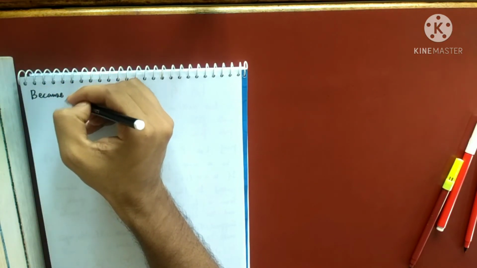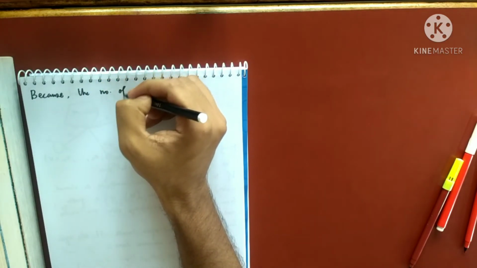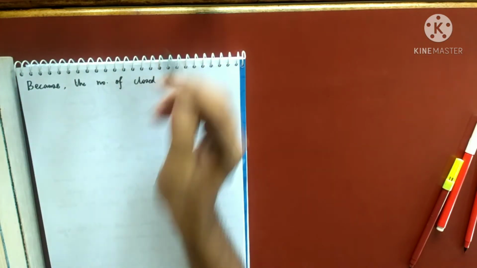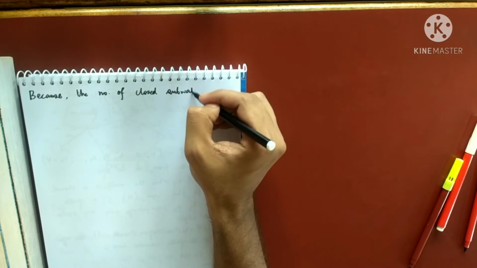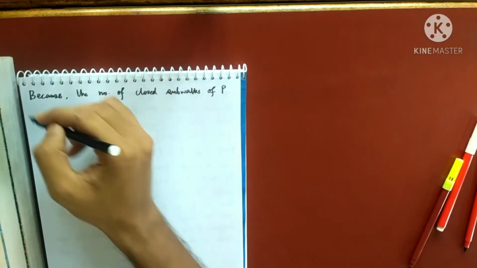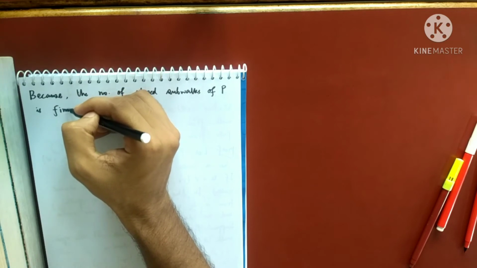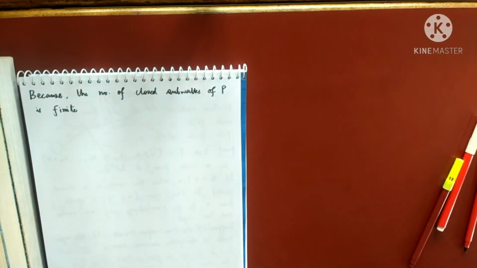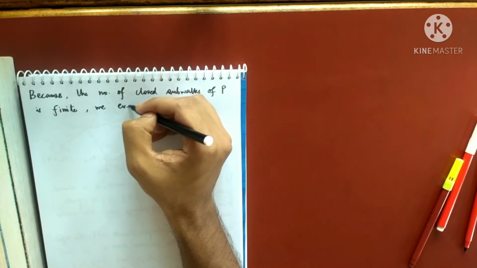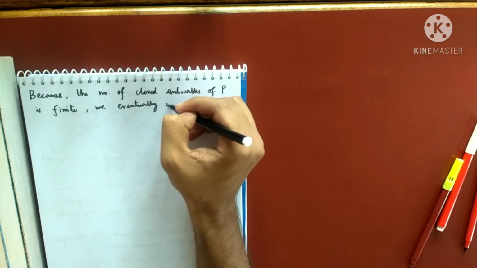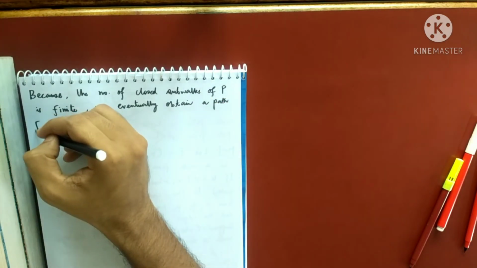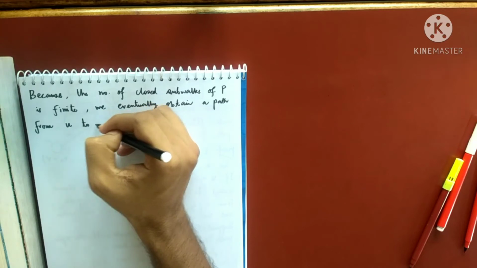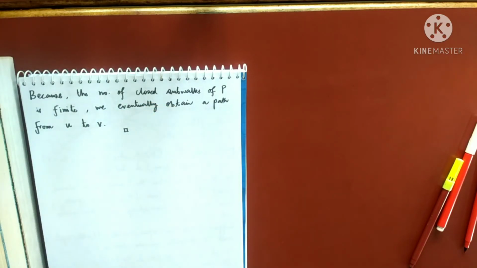Because the number of closed subwalks of P is finite, we eventually obtain a path from U to V. This completes the proof of the theorem.